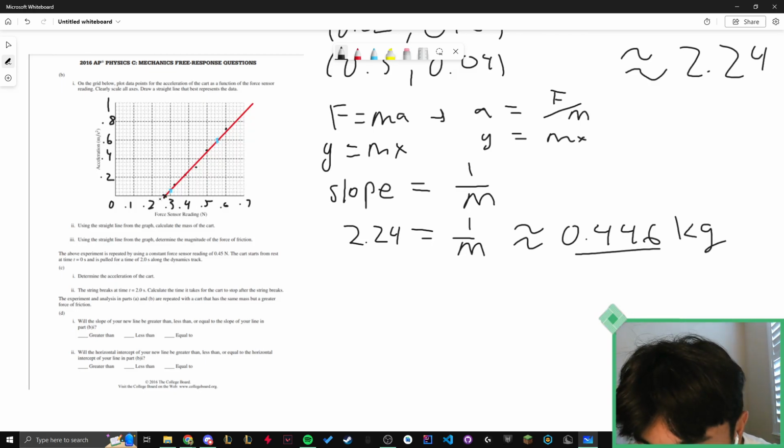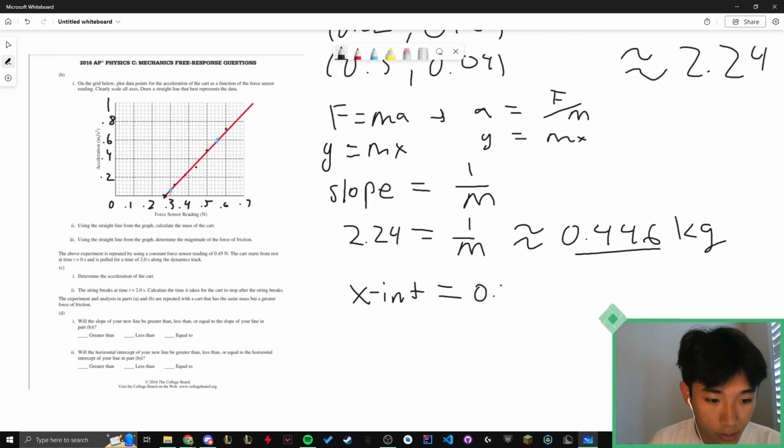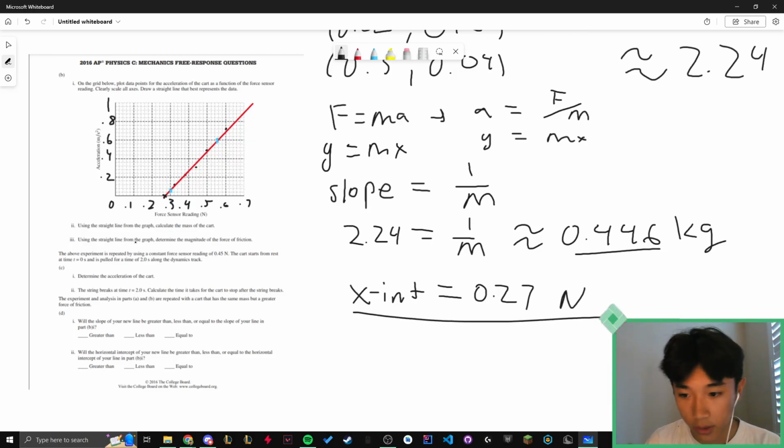We'll call it about 0.27. So the x-intercept is around 0.27, and that would be 0.27 newtons. And that would be your answer for B, I.